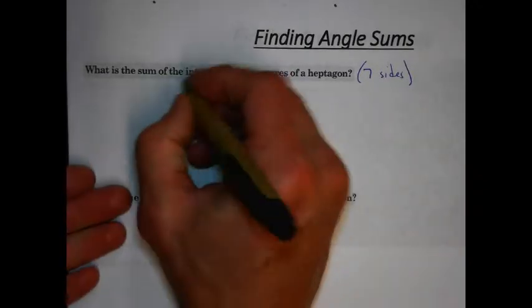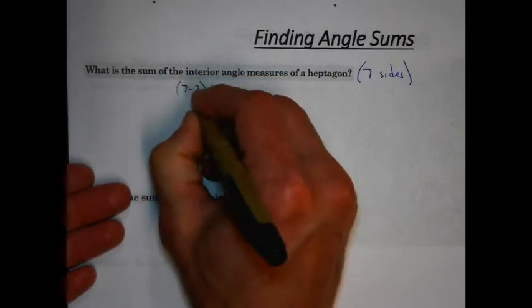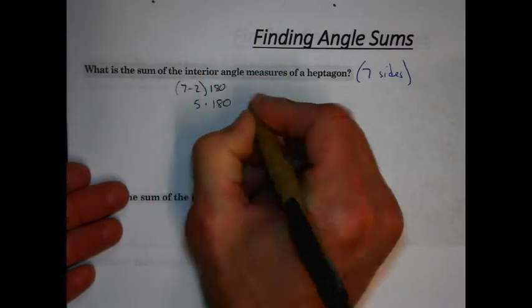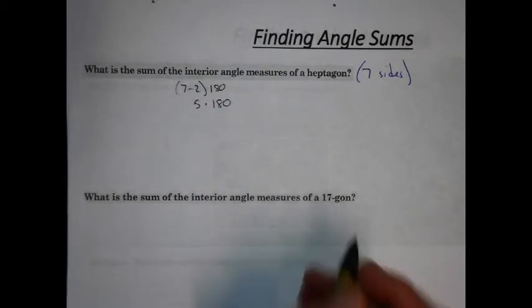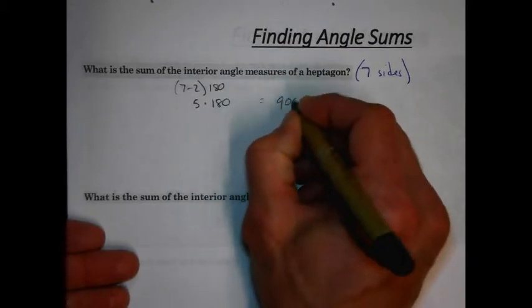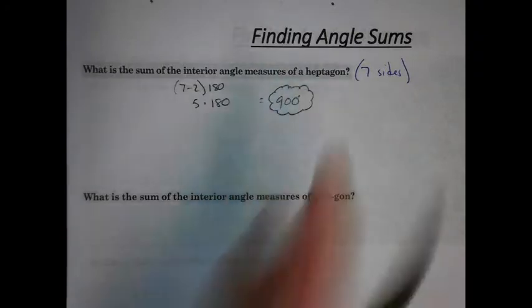Right? So this is how we would use that. 7 minus 2 times 180, or 5 times 180, which you can use a calculator for or do by hand. It doesn't matter. I have a calculator in front of me, so I'm using it. Either way, you're going to get 900. So it's going to be 900 degrees is the sum of the interior angle measures of the heptagon.